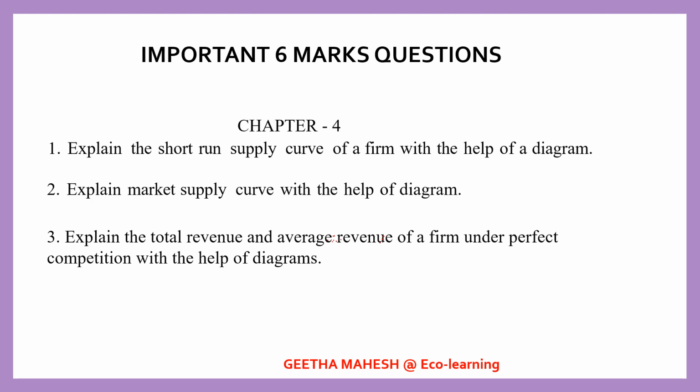From this chapter, that is theory of firms under perfect competition: explain the short-run supply curve of a firm with the help of a diagram; explain the market supply curve with the help of a diagram; explain total revenue and average revenue of a firm under perfect competition with the help of diagrams. Out of these 3 questions, you can expect one for 6 marks.